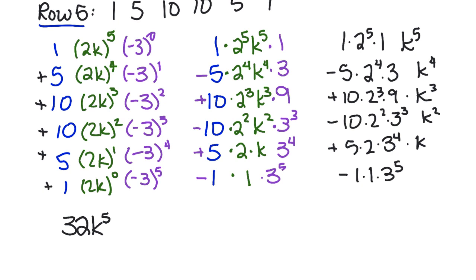Now to find this term: -5 times 2 to the 4th times 3 to the 1st. -240. So that's minus 240 k to the 4th.